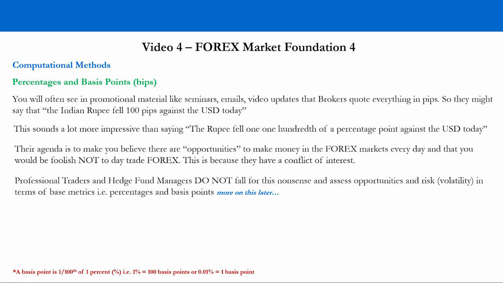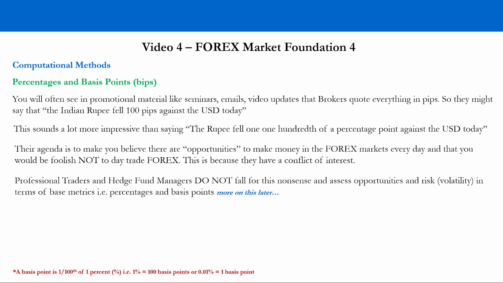Why do you calculate everything in pips? You'll often see in the broker's promotional materials, like seminars, emails, and video updates, everything quoted in pips. They might say, for example, that the Indian rupee fell 100 pips against the US dollar today. And that obviously sounds a lot more impressive.